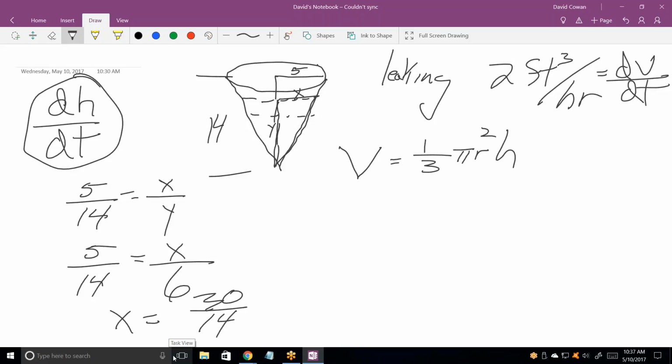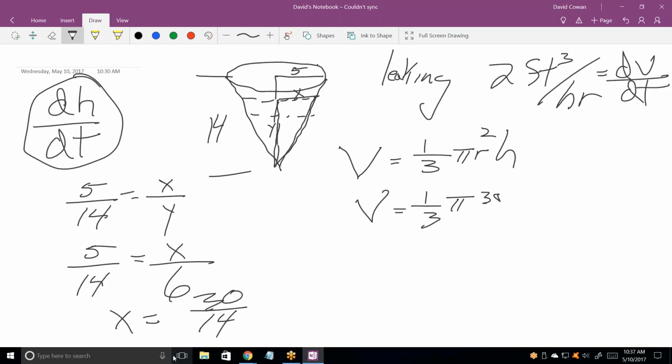So I'm still trying to figure out what I'm going to do here. I guess I can solve this problem since I know that at the point in time they're talking about, my r is 30 over 14.